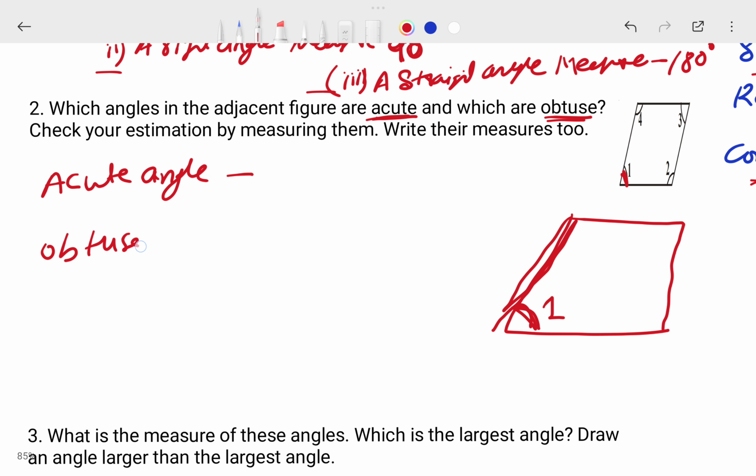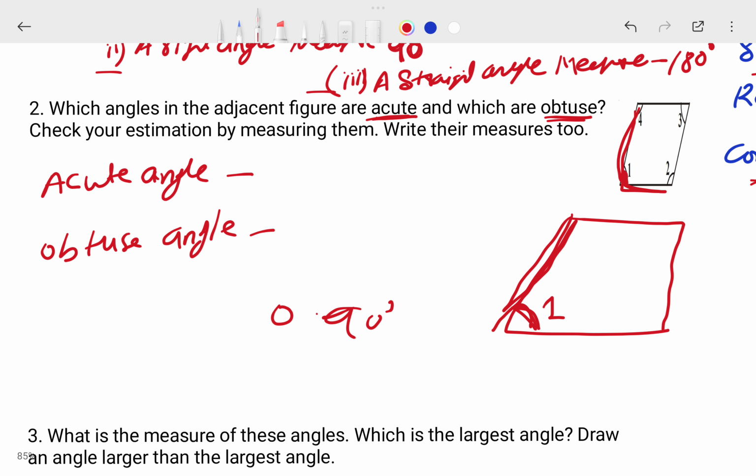So an acute angle is more than 0 and less than 90. If you observe this figure, if you measure, this is less than 90 degree.